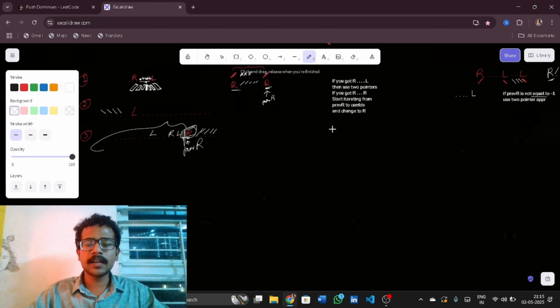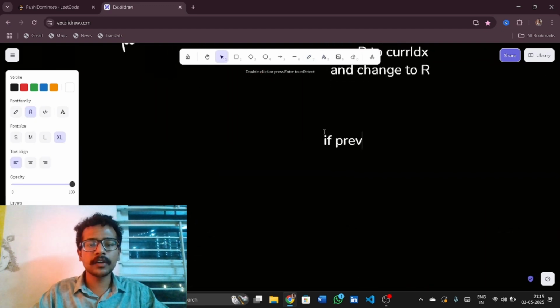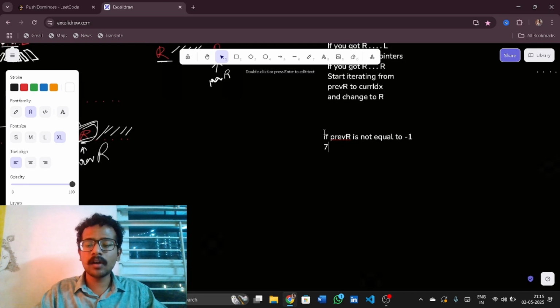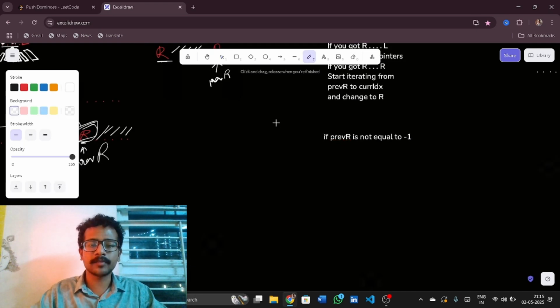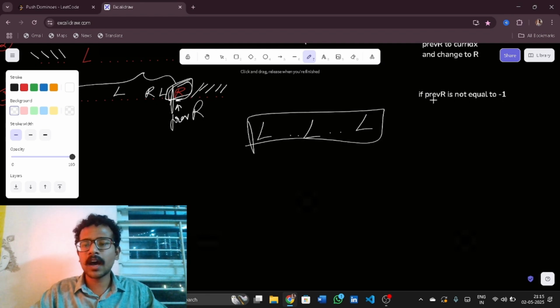So at the last I am writing this here. If after iterating, previous R is not equal to minus 1. Why previous R is not equal to minus 1? Why am I saying it? Now imagine the string contains only L's and dots. So this is my string and the previous R is still minus 1. That means I doesn't have any R in the string.